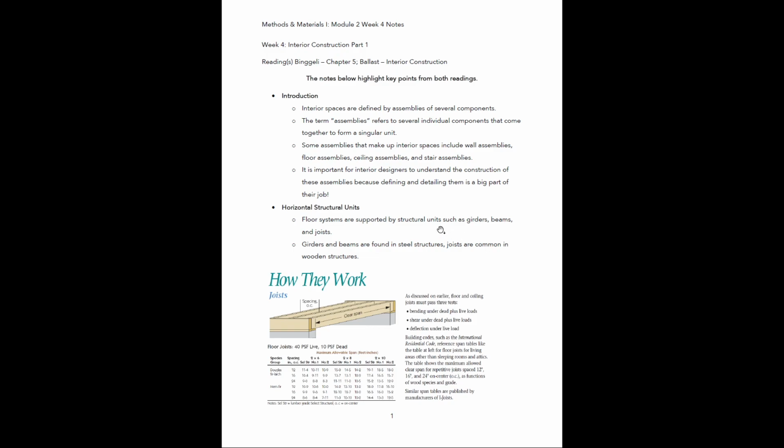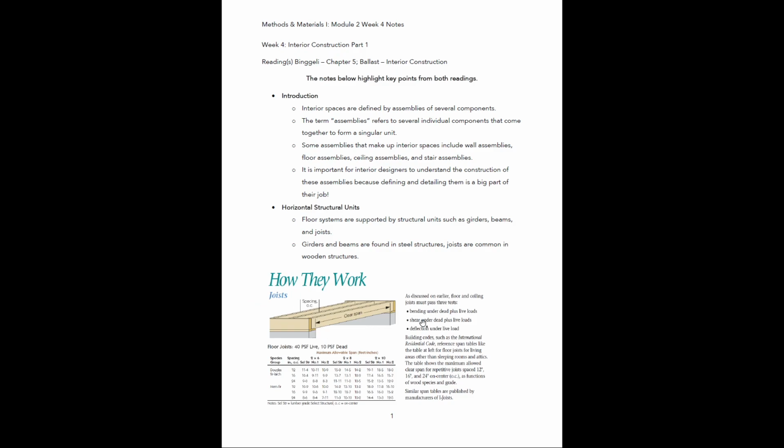Now let's begin by talking about some horizontal structural units. All right, so floor systems are supported by structural units such as girders, beams, and joists. This is something we talked about last week. Girders and beams are found in steel structures, and joists are common in wooden structures. All right, so let's take a look at this little image that I have down here. This is talking about joists.